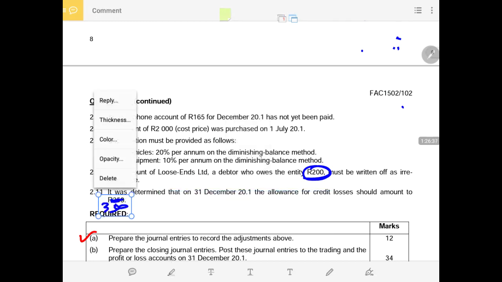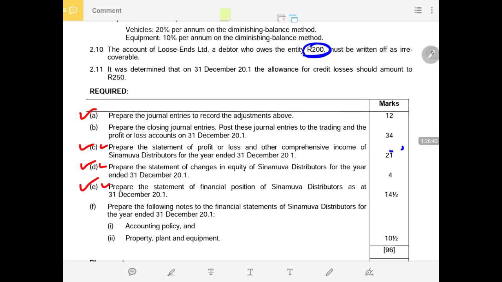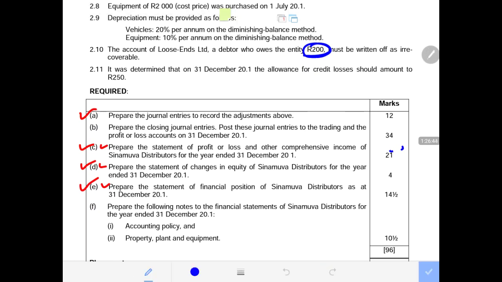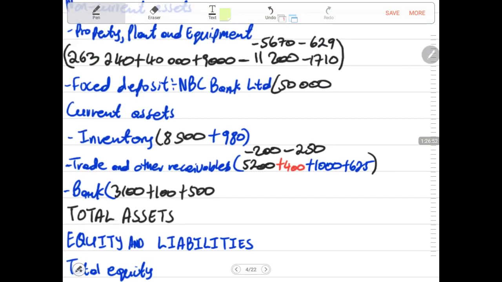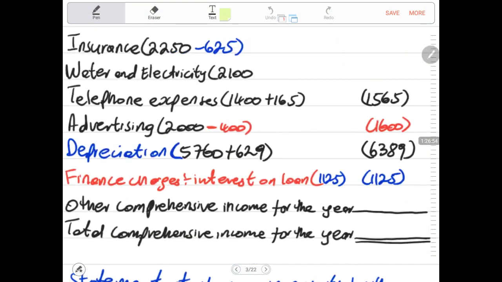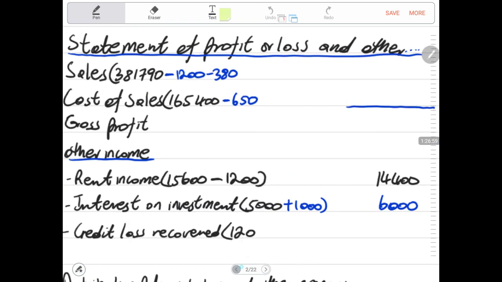Because it's the last adjustment, that means we are done with the income statement. That means we have covered the adjustments, covered this question, and this question, all three financial statements. Now that we have covered all three financial statements and done all the adjustments, the only thing left is to record the totals.